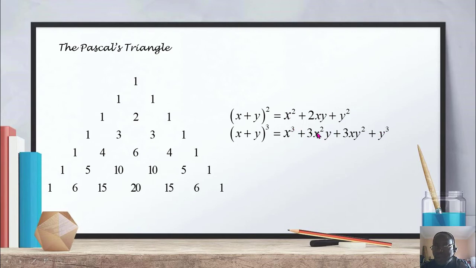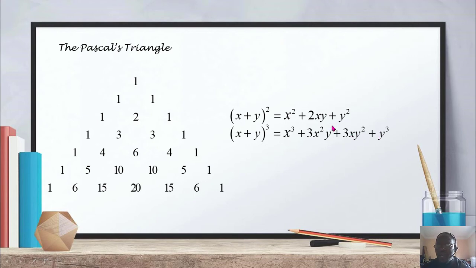So 3 minus 1 will give us this 2, and 2 minus 1 will give us a 1, which is the power of x here. And of course here we've got 1 minus 1, which is x to the power 0, and we know that anything raised to power 0 is 1. So there's a 1 there, which in mathematics we usually don't write.